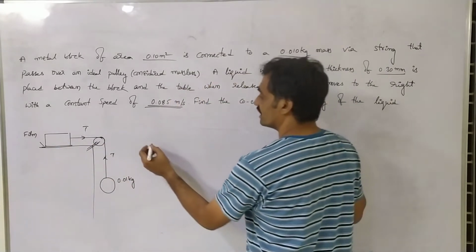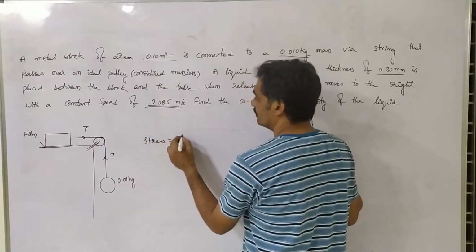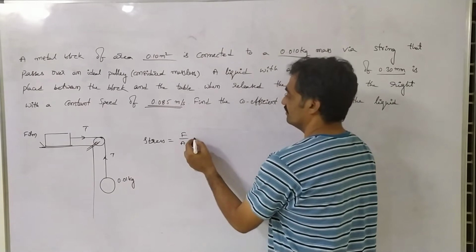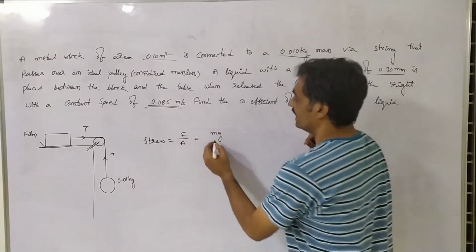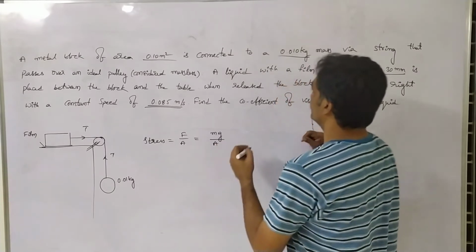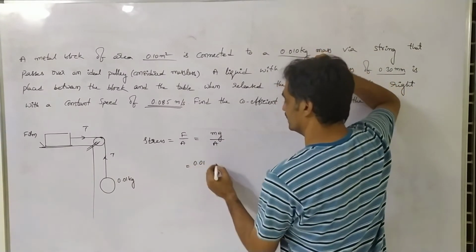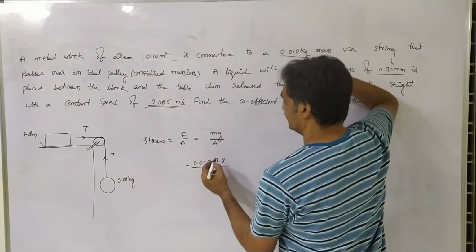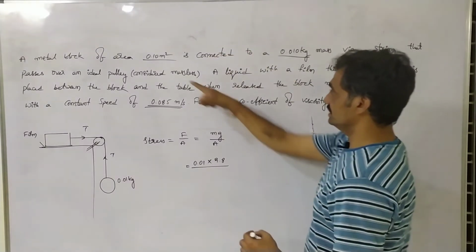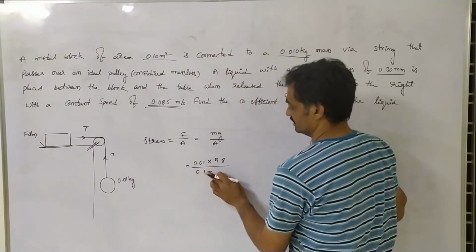Now we have to find the stress, where we know that stress is equal to force by area, where force is mg, by area A. The mass of the block is 0.01 kg into gravity 9.8, by area 0.1 meter square.